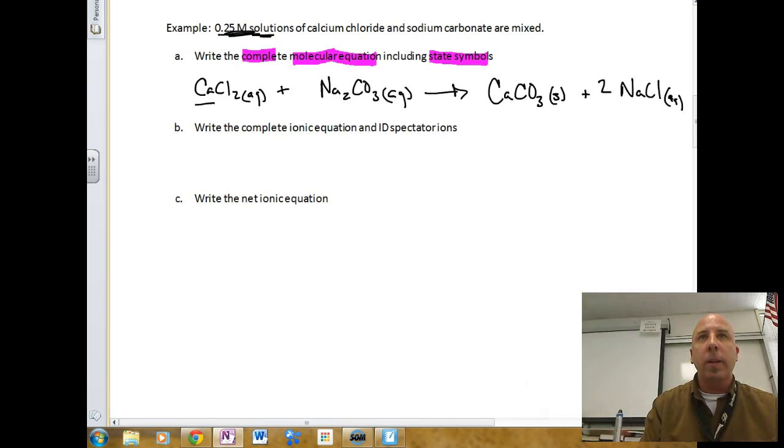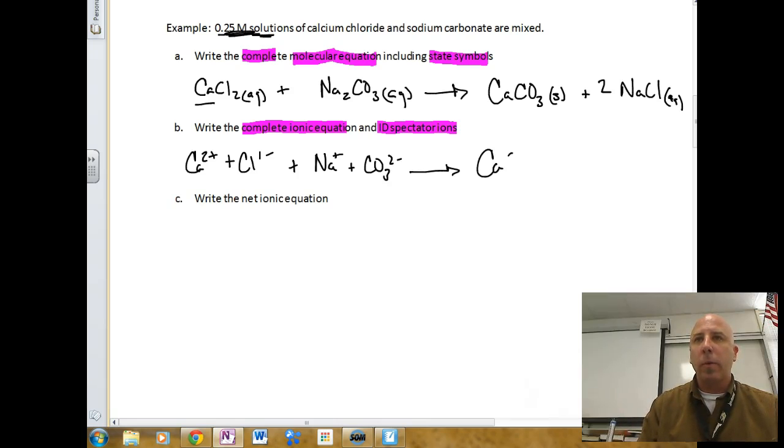Good. All right, let's take a look at what we need to do next. We're now going to write a complete ionic equation and identify spectator ions. Remember, we ionize everybody who's a strong electrolyte. So calcium and the chloride ion are definitely ionized, as are our sodium and our carbonate ion.